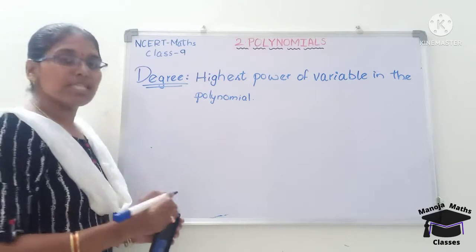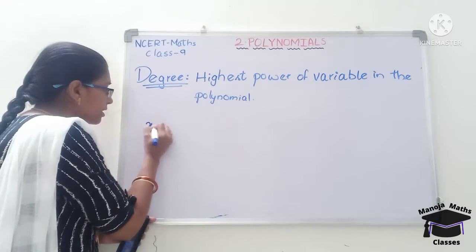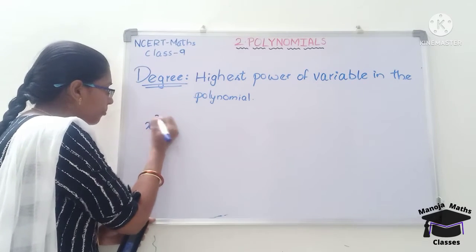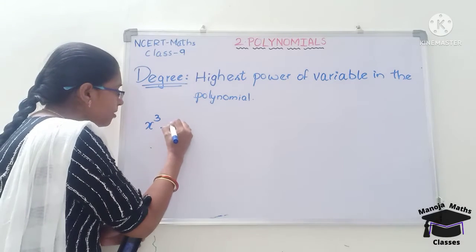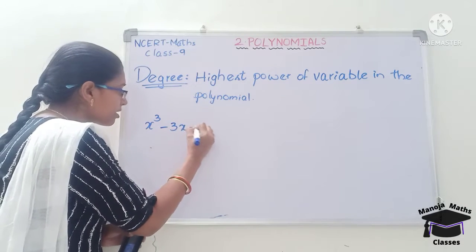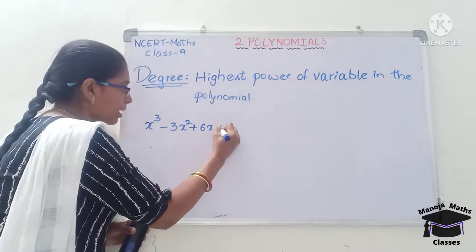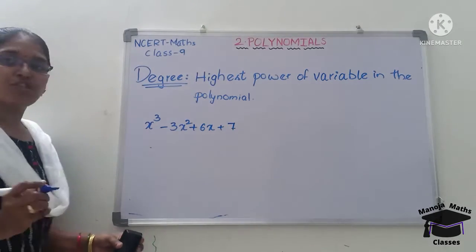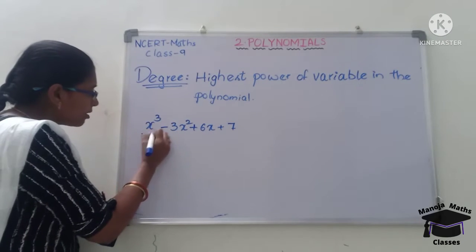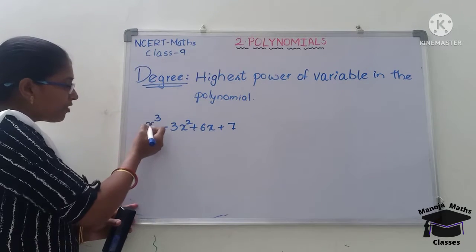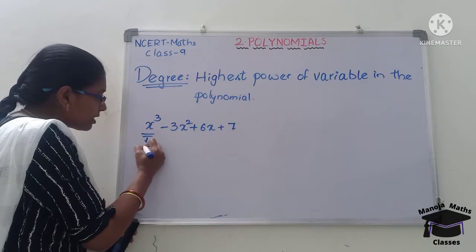Let's understand this with examples, children. Let's consider a polynomial: x cube minus 3x square plus 6x plus 7. Let's check each term, children. In this term, what is the highest power, children? x cube. The power is 3.